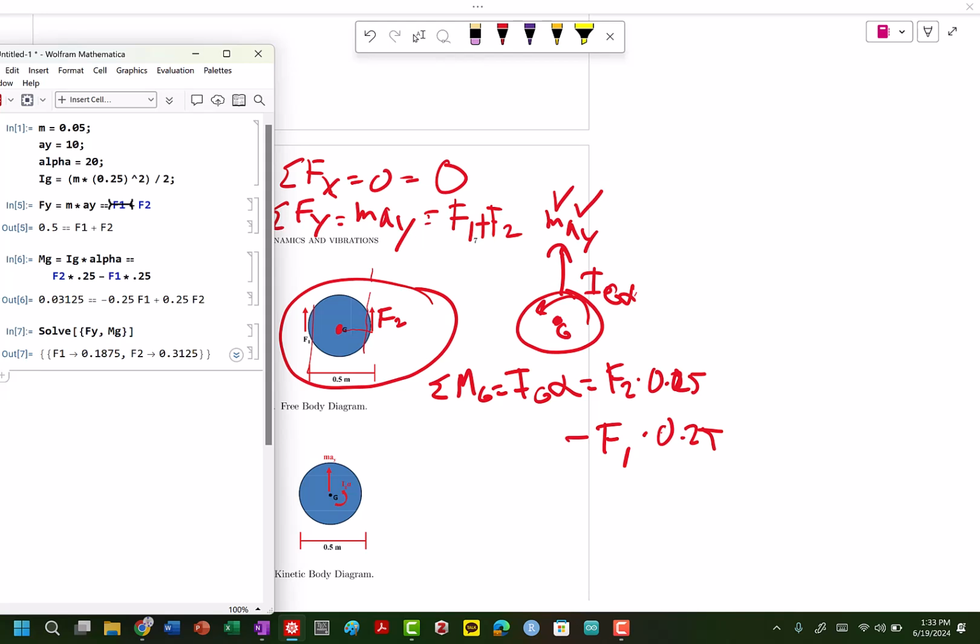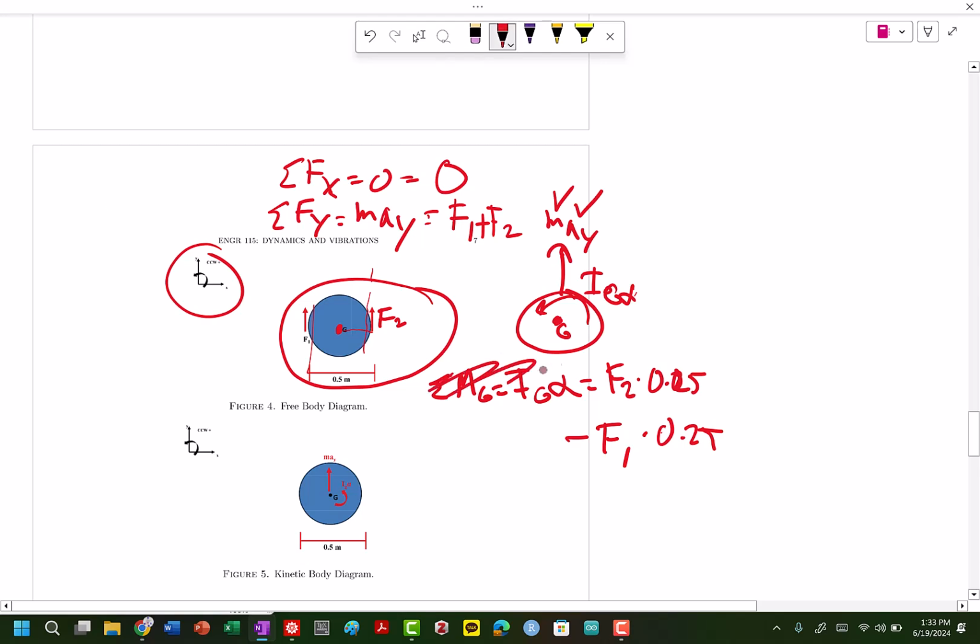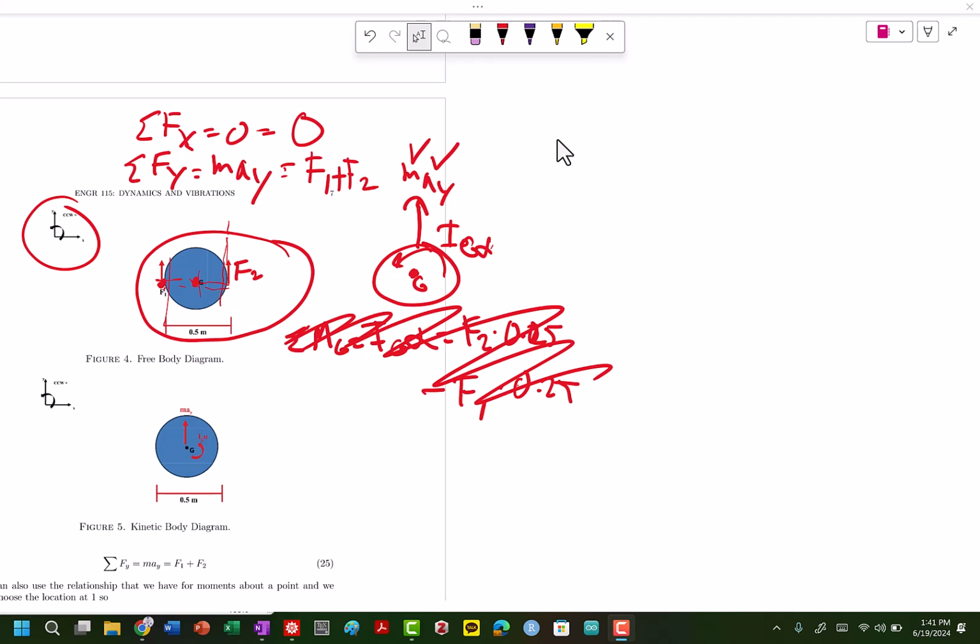Fantastic. We could also have solved it another way, using our definition of the sum of moments around a point. So how could we have done that? Let's say instead we use our other definition.